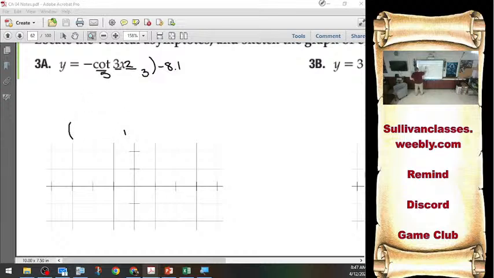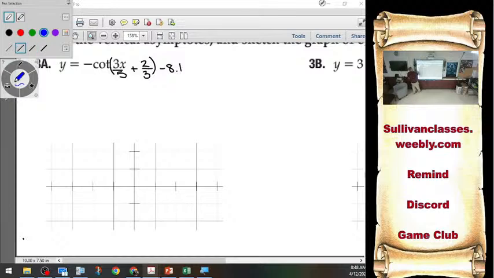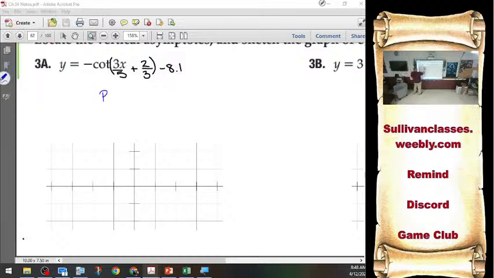Oh boy, that's nasty. Well, no, just how Frank decided to split things up. All right, I'm going to say the phase shift is always negative c over b, 2/3 over... Was there a pi missing? There's a pi missing.